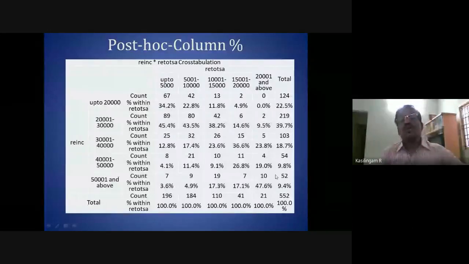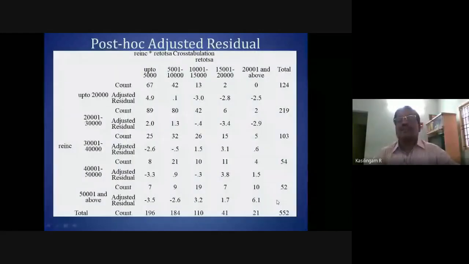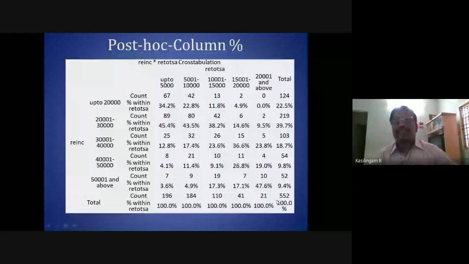So now we can use a very simple form. We have to look at the last total column percentage. If any of the column percentages are more than the total one, with respect to this one it is more.